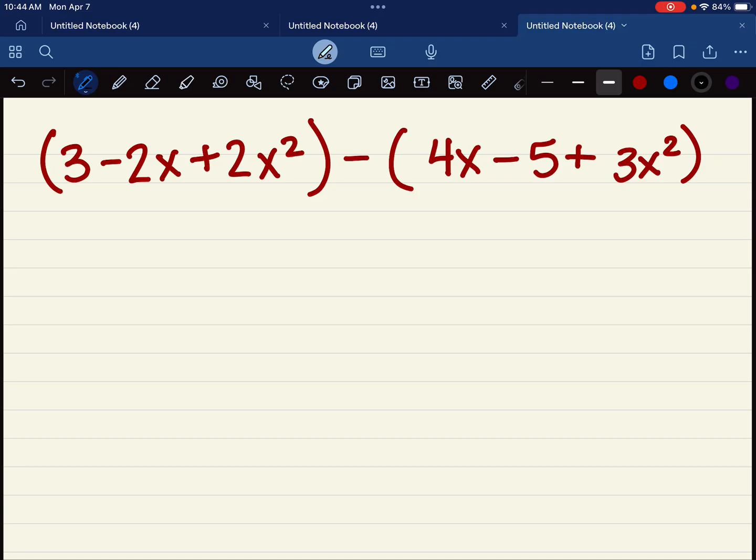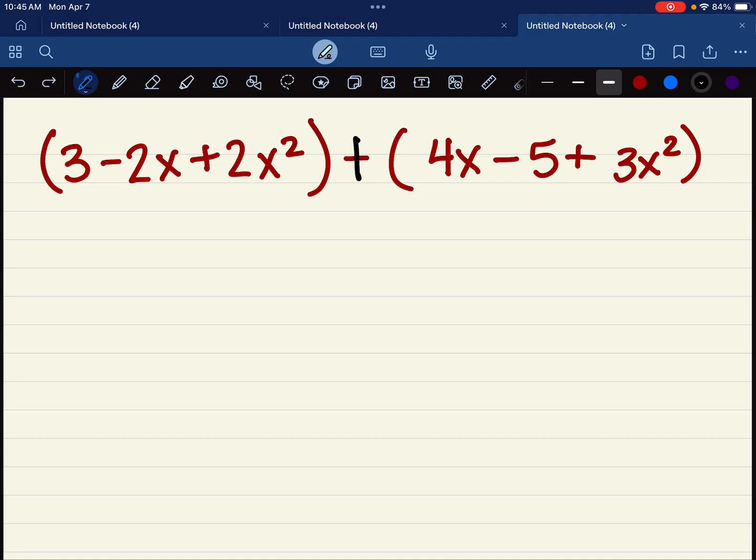Does anyone remember, when we first learned subtraction of integers, what we always changed subtraction to? Addition. Yes, right? Because subtracting is the same thing as adding the what? Opposite. So anytime we have subtraction, we change to addition, and then everything that follows in parentheses, we change the sign.